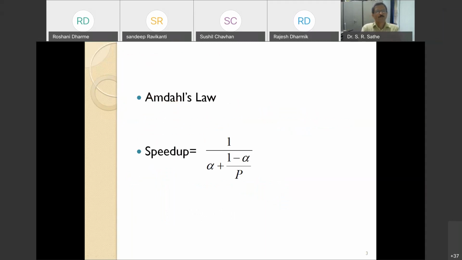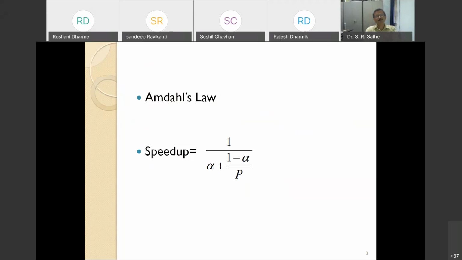Not all programs can be parallelized. It is the sequential code, that part of the code which must be run sequentially, that prevents parallelization of your computer program, and that is governed by Amdahl's law, which says speed up is equal to 1 upon alpha plus (1 minus alpha) by p. If p is very large, then (1 minus alpha) by p will be small, so the maximum speed up you can get is 1 upon alpha.